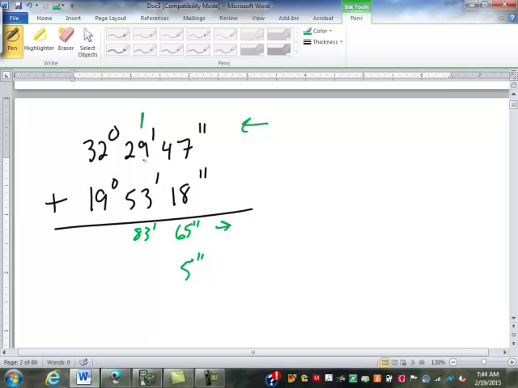And, of course, that's more than a degree. So we got 23 left if we take out 60. Carry 1. 33 plus 19 is 52. So that's 52. Perfect. Do we have any questions on that? It's working out okay? How many of you got that one right? Cool.